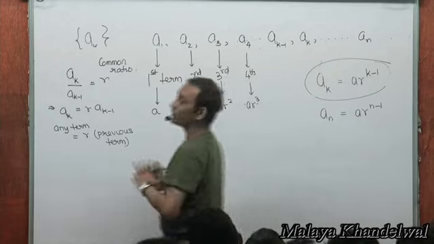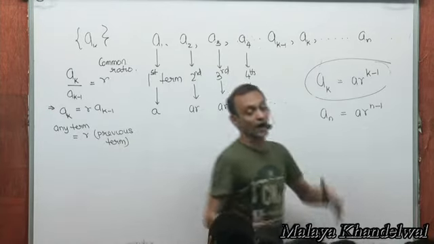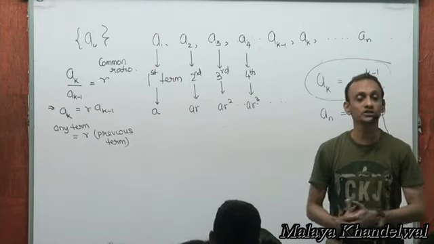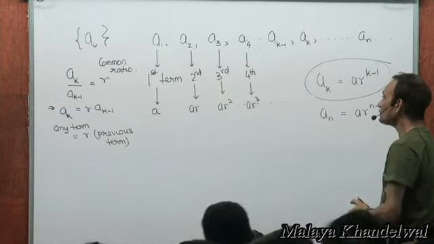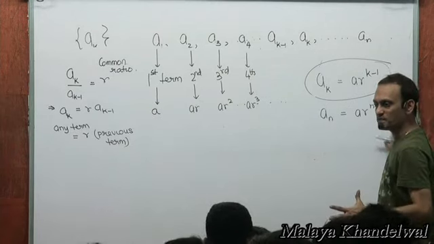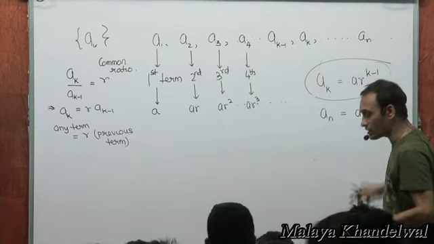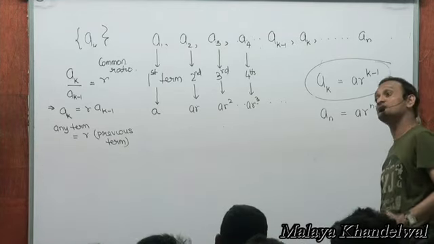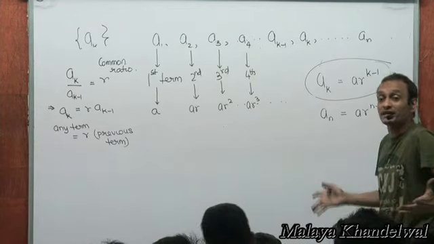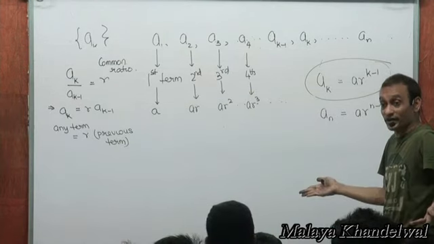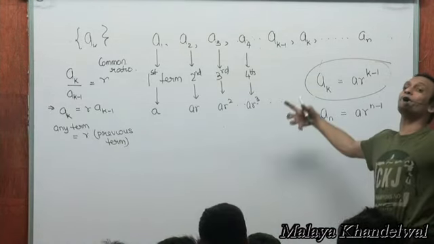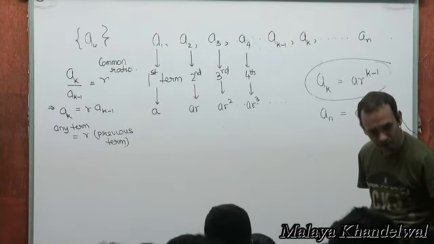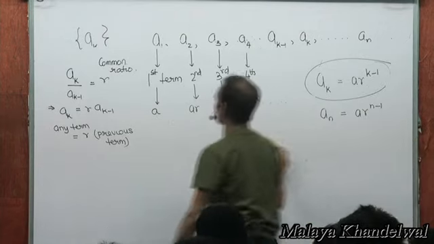So now that we know, given the first term A and common ratio R, that the collection is a GP series, and we can find any member of this GP series given the first term and common ratio R, it then becomes binding upon us to be able to evaluate the sum of n terms of this GP series given the first term A and the common ratio R. I want to be able to compactly represent the sum of first n terms of this GP series. How about it? Right? So what we do is the following.